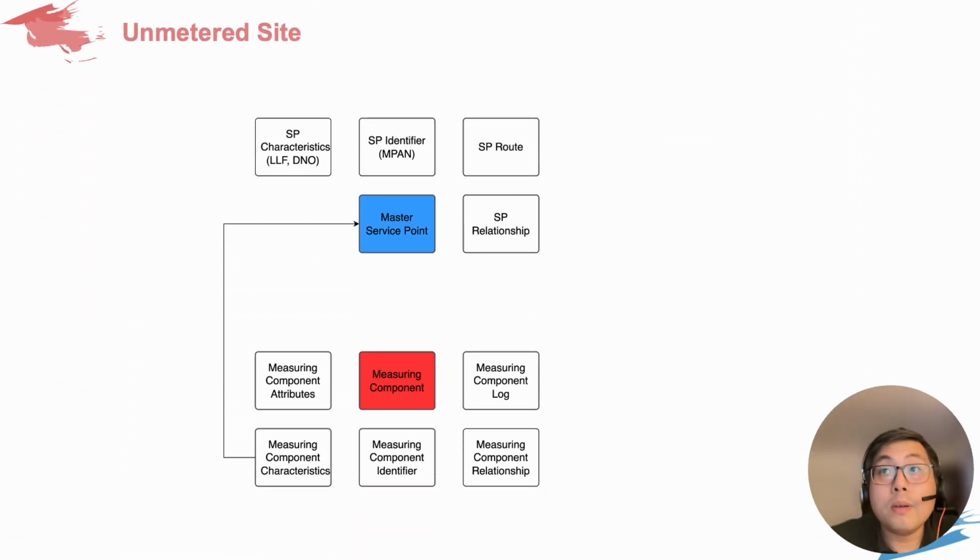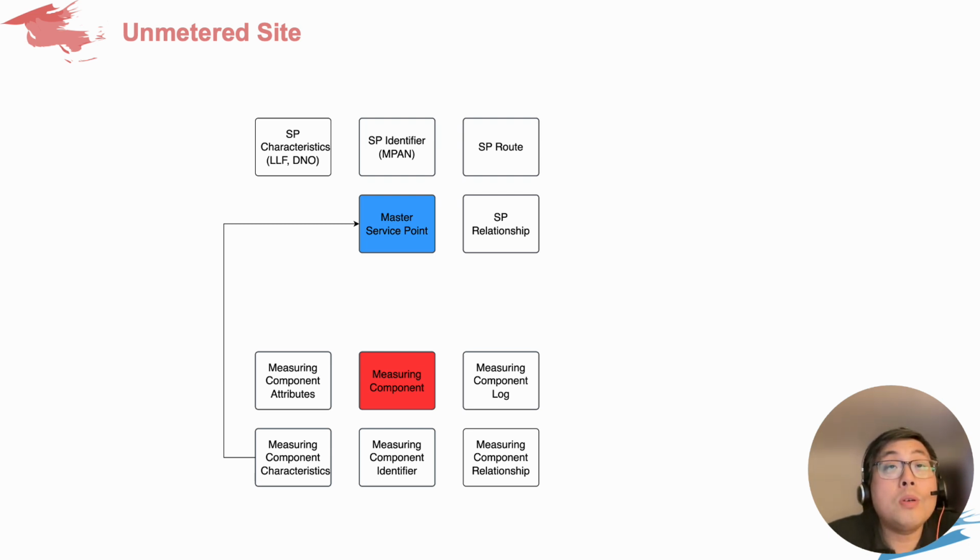Right, last one. In the UK there are a lot of unmetered sites, which we don't have a meter for. So where do you actually keep the consumption if you don't have a device? In those cases you normally don't create a device, and if you don't have a device, you don't have a device config. You don't install it against a service point.